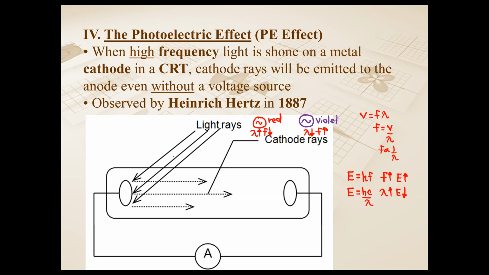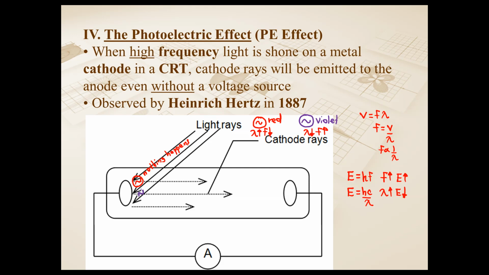So it could be possible that I shine a red photon at this cathode and then nothing happens. It's possible. Why does nothing happen? Because you haven't reached the threshold frequency. The threshold frequency is the minimum frequency you would need for the photoelectric effect to occur.